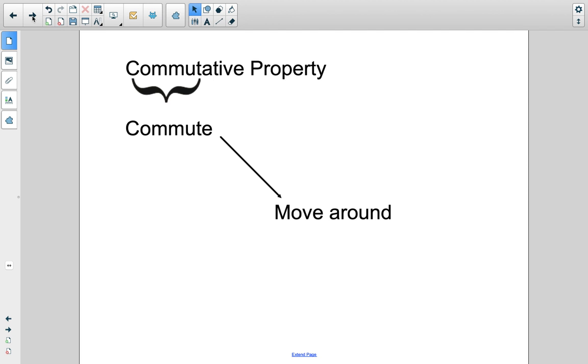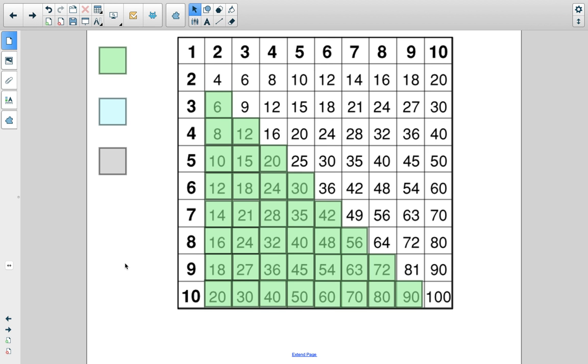So we've already done this property. I just haven't told you this is what it's called. Remember when we looked at this multiplication table, I greened out all of these numbers here, and I said you don't have to know these because they have a counterpart over here, another one that's the same. This is 3 times 2, and this is 2 times 3.